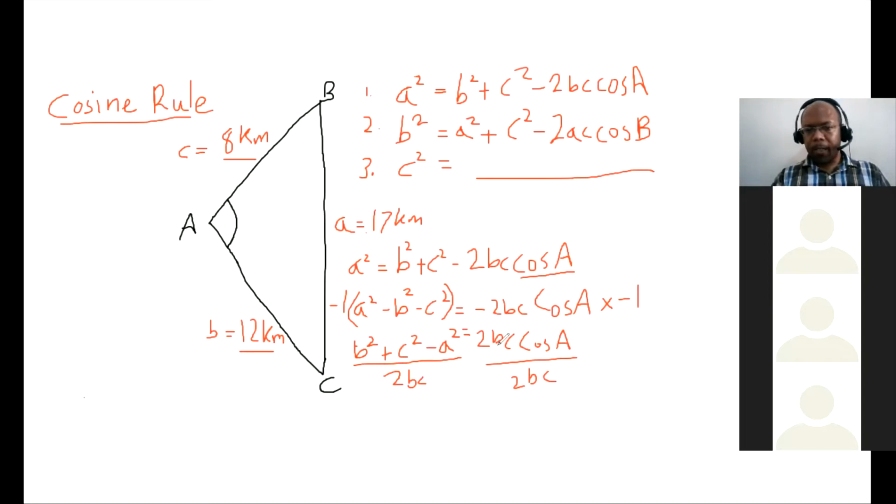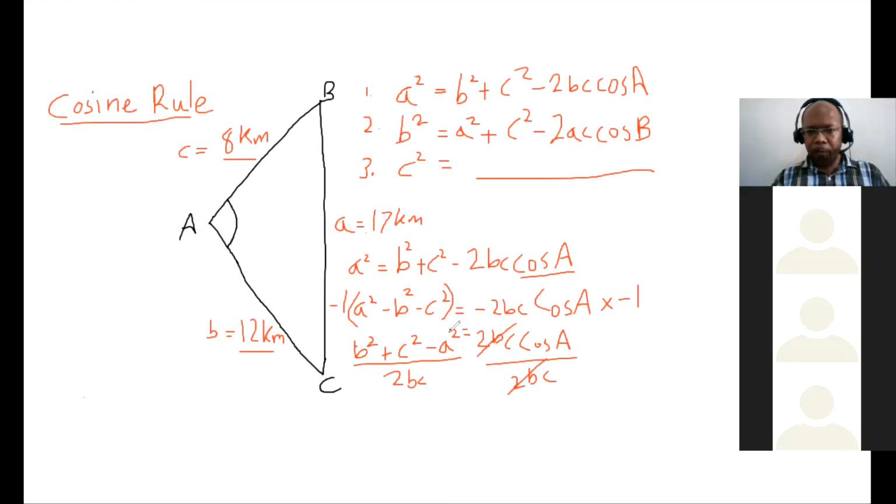Okay, now look, since this is the same as what's at the bottom, I can simply cross them out. And if I'm solving for something, I want that to be on my left-hand side.